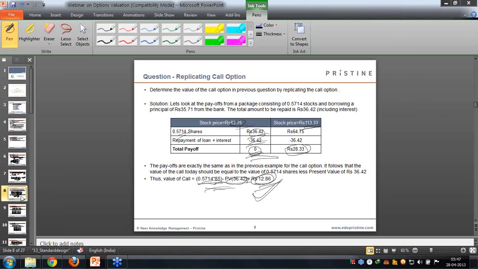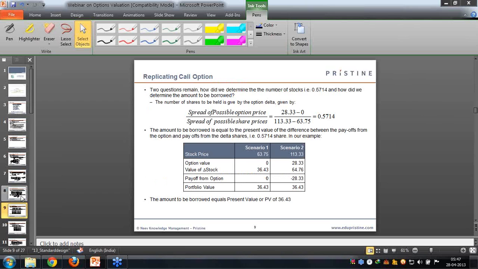But the question to answer is, how did we get these magical figures of 0.5714 and 36.42 or 43? The answers are here. This 0.5714 is called the option delta, and it is found using this formula that I listed here.